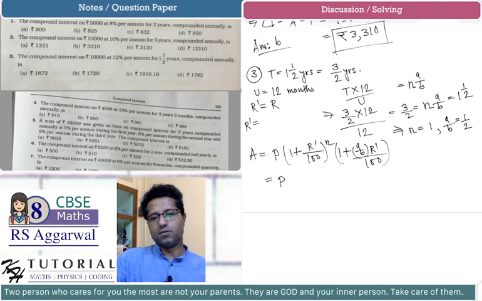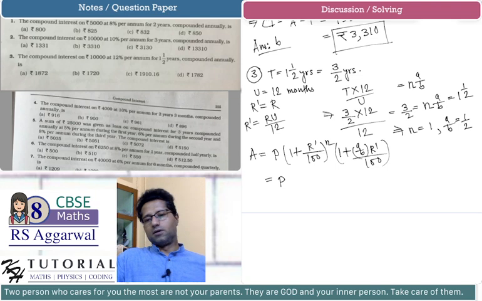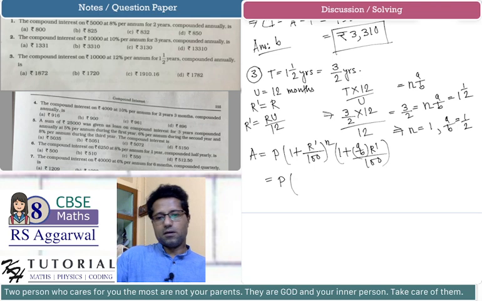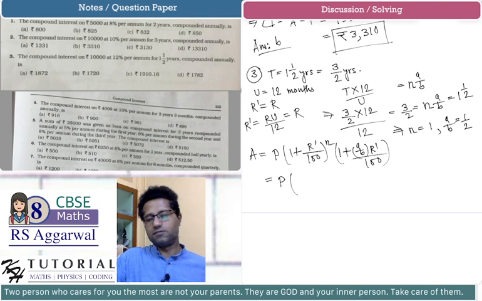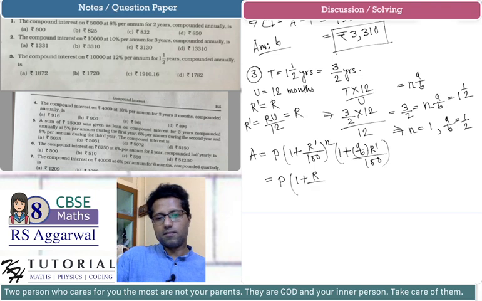R dash is equal to RU by 12. Since U is 12 months, this is equal to R. So whenever the interest is compounded annually, r dash will always be equal to R. So we have 1 plus R by 100, and n is 1, and 1 plus the fraction a by b, which is half, times R by 100.